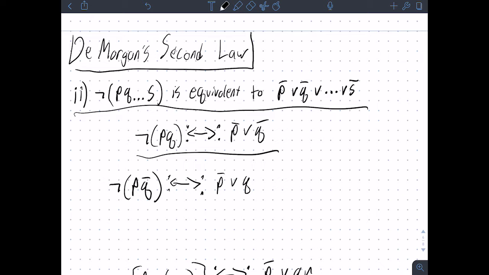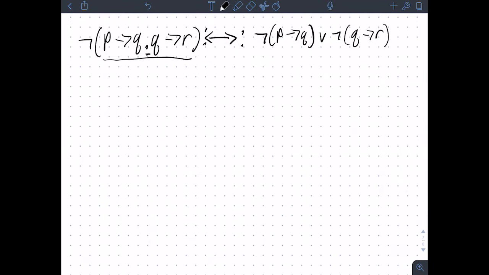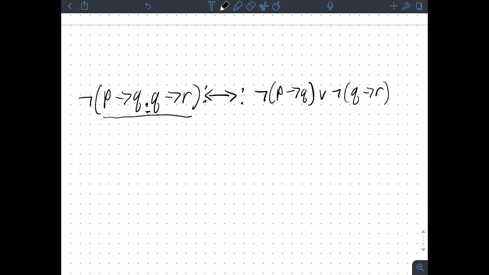More technically, we could get it through substitution from the original example. That is another way of applying De Morgan's second law.